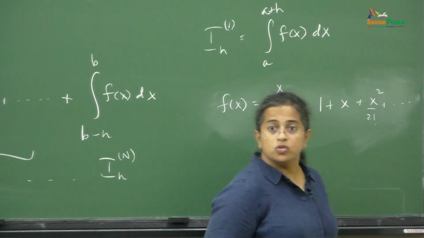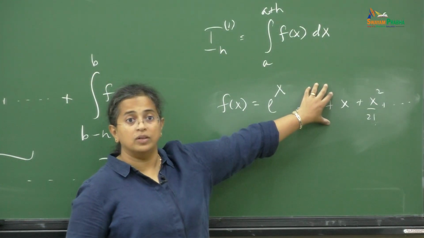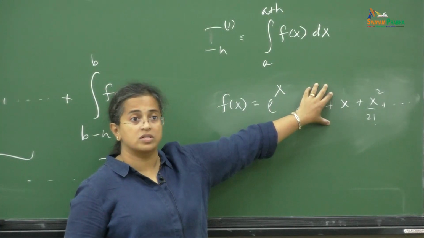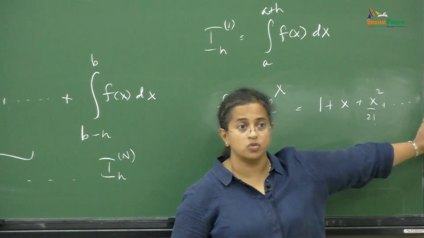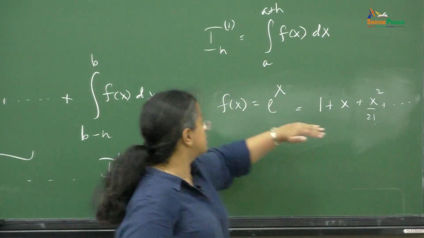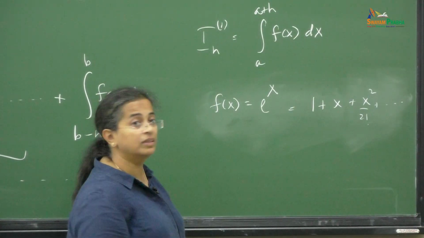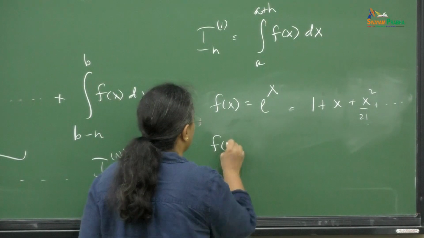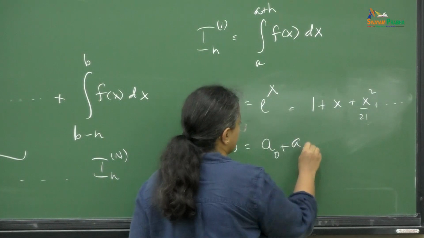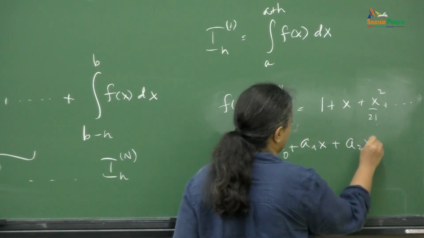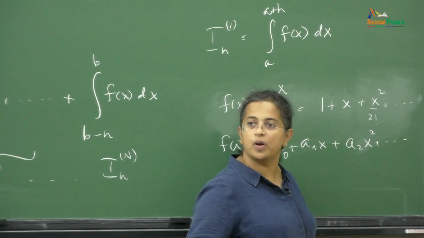Now the easiest is, let me take one value. Take it only as a constant, take it as a linear function, take it as a quadratic, and so on and so forth. This is for a function which I know. If it is an arbitrary function, I will want some expansion like this: a0 plus a1x plus a2x squared plus etc. This is my approximation.